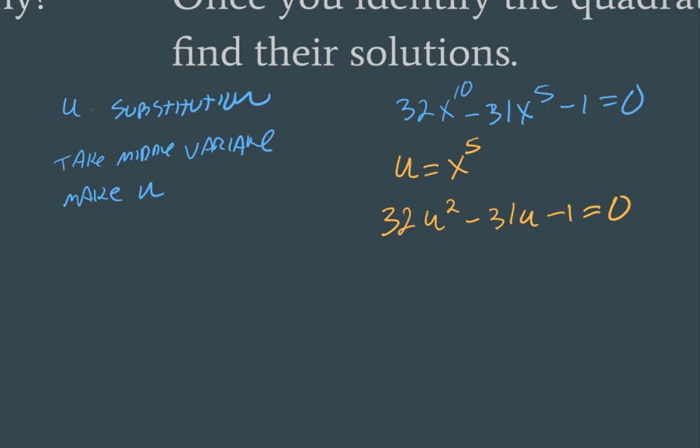You have to be careful, though, because we actually solve for u. So u1 is negative 1 over 32, and u2 is 1. Now, we're not looking for u. What we're looking for is x.